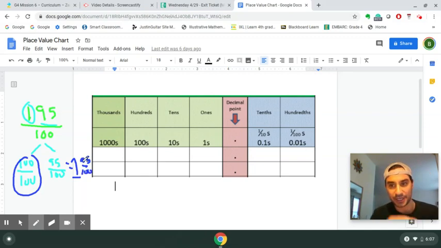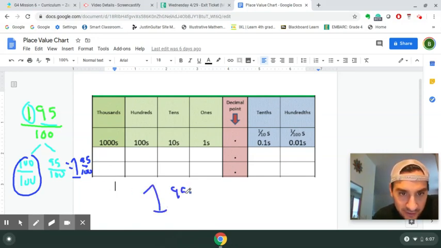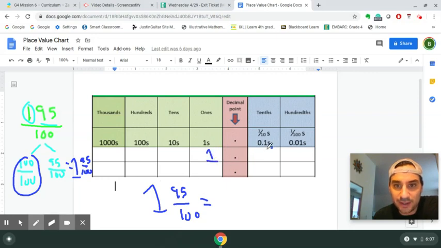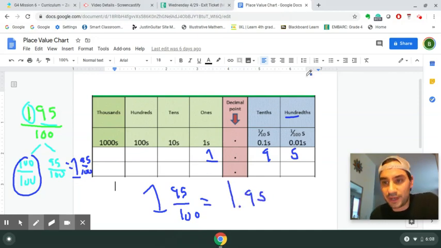This isn't your question, but this is a similar example to help you solve it. Okay? And then if I want to change 1 and 95 hundredths to a decimal, I plug it in. So I have 1 decimal point 95 hundredths. 1 and 95 hundredths. So I hope that example really helped.